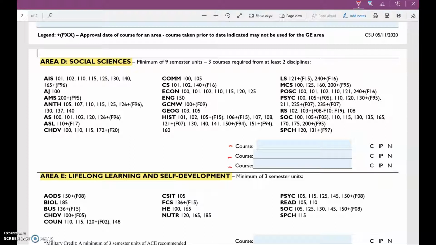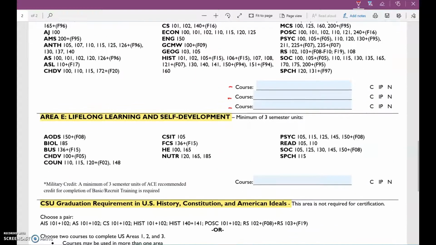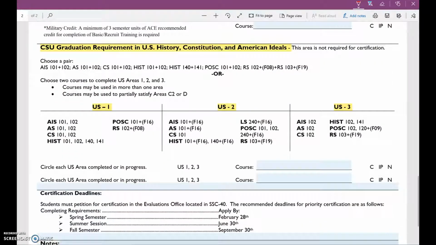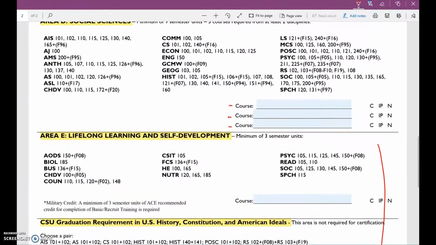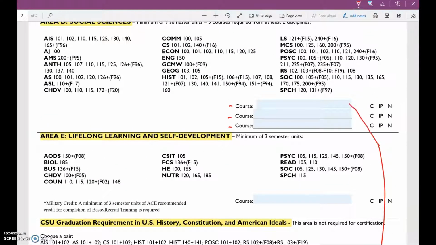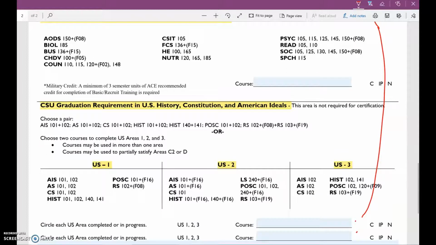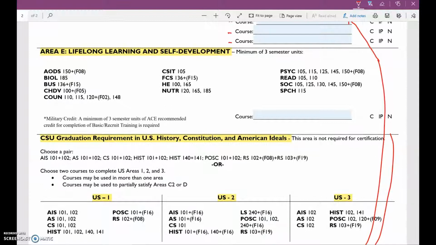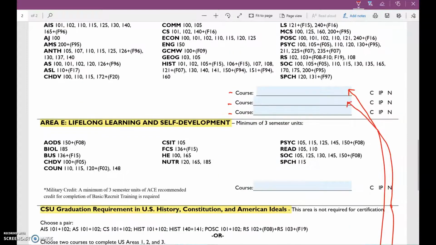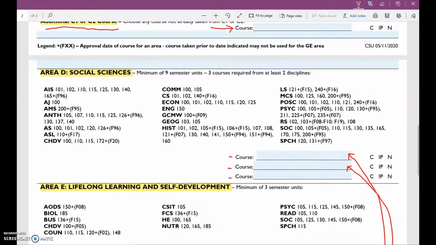Okay, it's a good idea to take those history classes that I was talking about, because these 2 history courses can be used to satisfy Area D. So if you know that you're planning to apply to a state school, you can always take care of those 2 history classes.